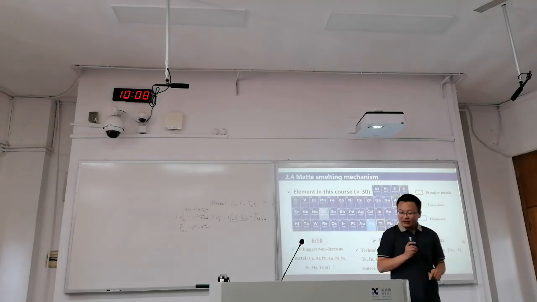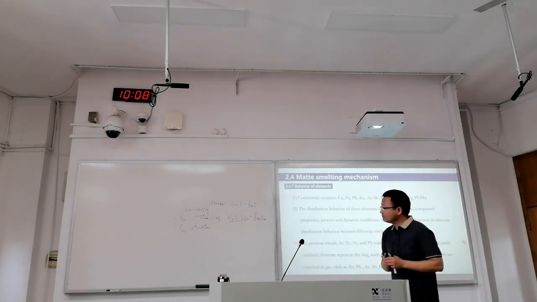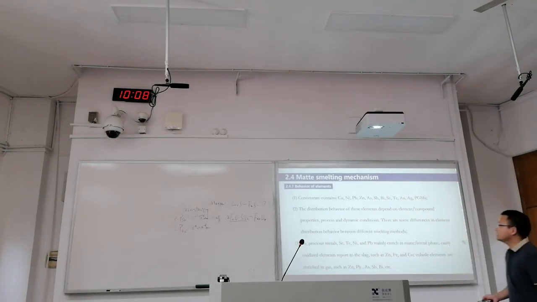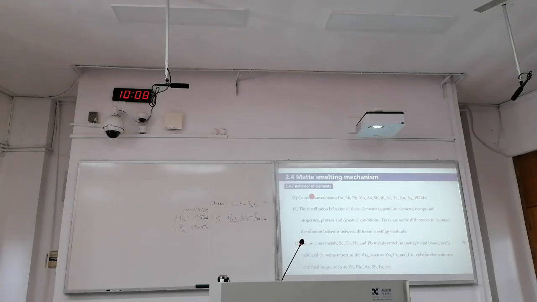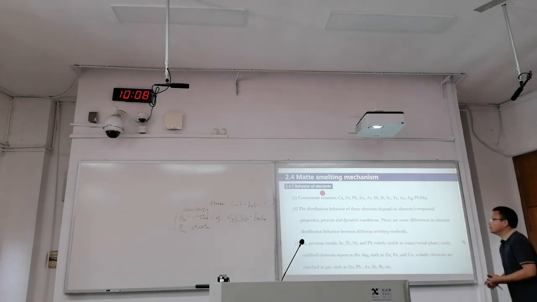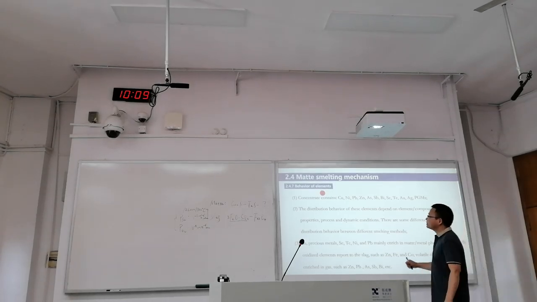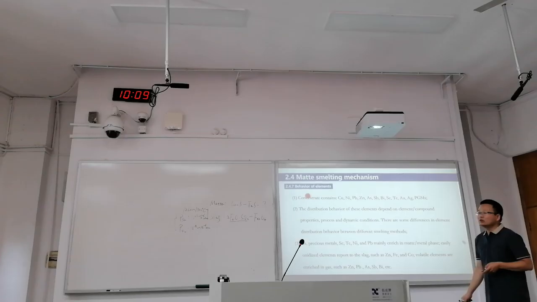So today, I want to have the topic titled Behavior of Elements. This is today's topic, and some old knowledge from our concentrate. In our concentrate, what are we having?